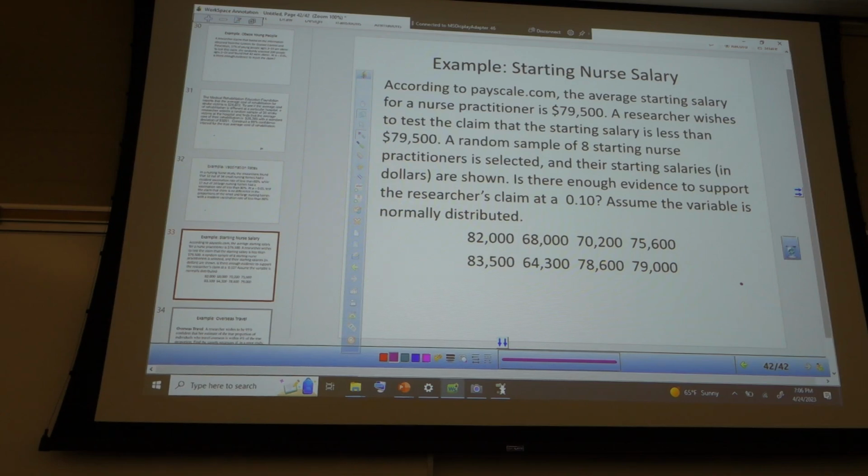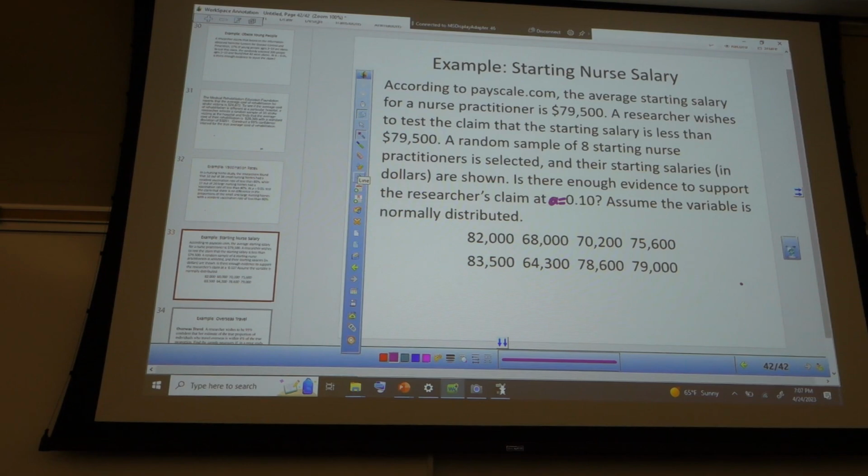A random sample of 8 starting nurse practitioners are selected, and their starting salaries in dollars are shown. Is there enough evidence to support the researcher's claim at alpha 0.1? Assume the variable is normally distributed.